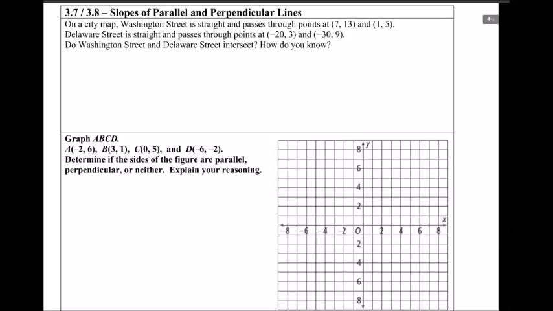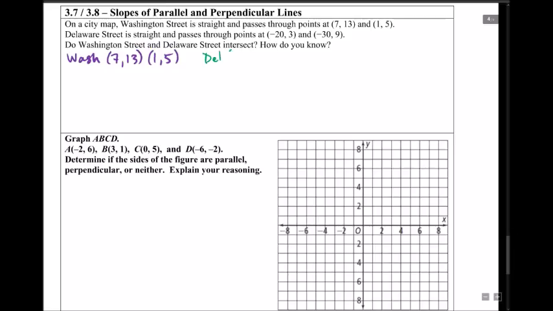And we want to know if they intersect. Well, how do we know if lines intersect? Well, if lines are not parallel, they're going to intersect. So we can use our slopes. So we know that Washington Street is 7, 13, and 1, 5.